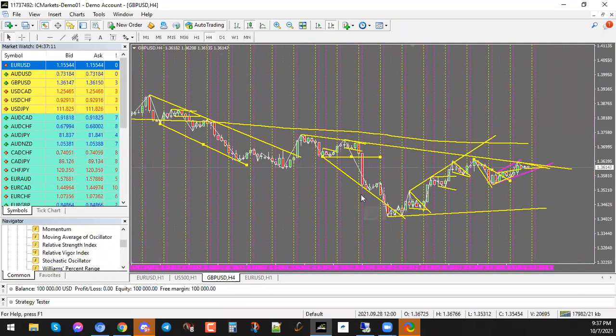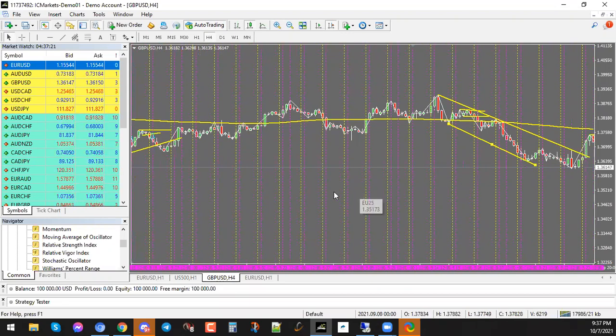You have smaller candles, you have less candles, and you also need to be careful if you're going to be swing trading. You need to understand the trend. You need to be able to at least, I would say, use either support and resistance in the right way, or use the Elliott wave theory. Okay.